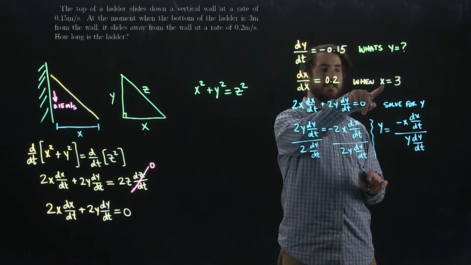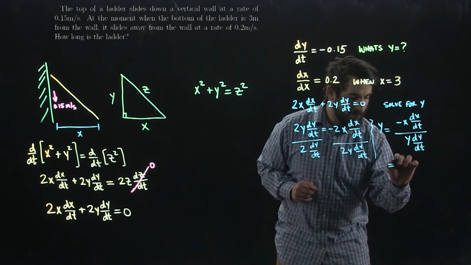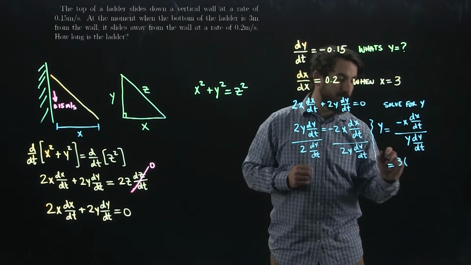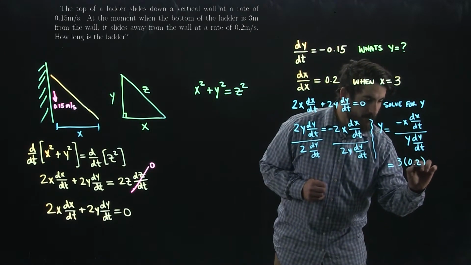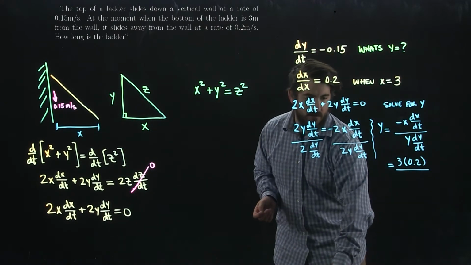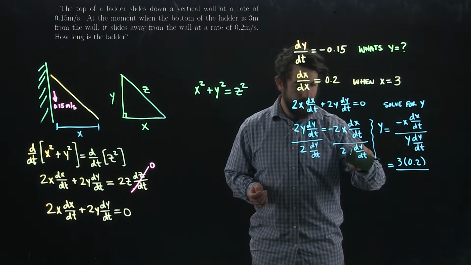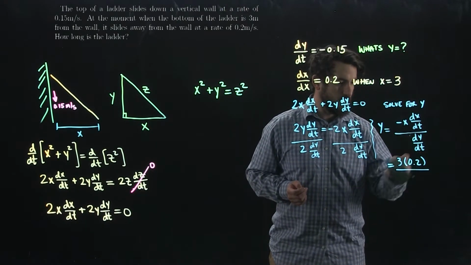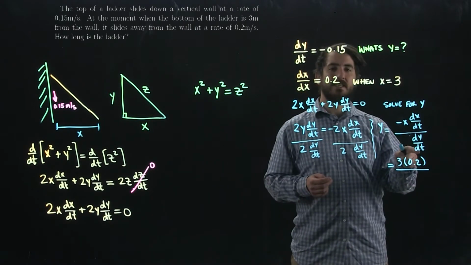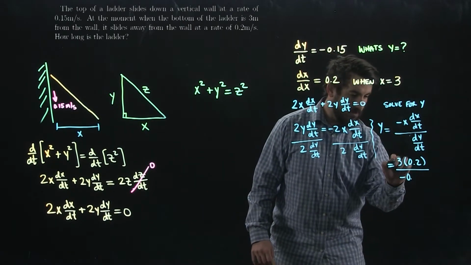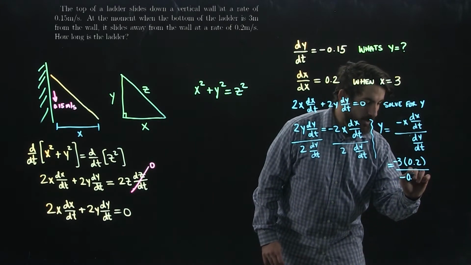I know what x is. x is going to be 3. My dx/dt is 0.2. There shouldn't be a y here. My dy/dt is negative 0.15.